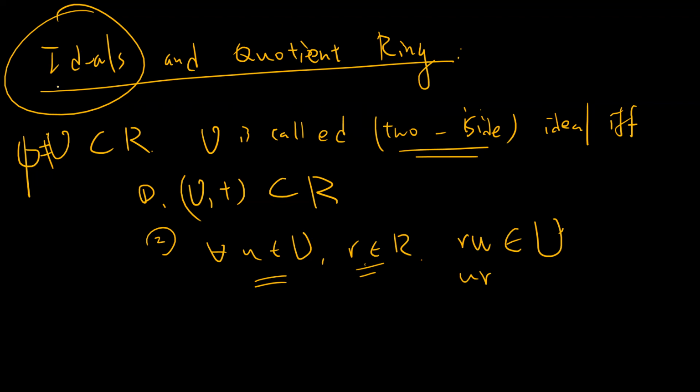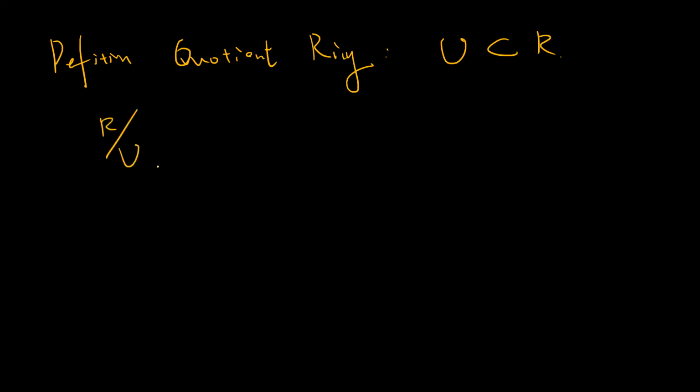Now we can define a quotient ring. This is a little bit tricky if it is the first time you learn it. If you have an ideal U in R, then you can define R modulo U. I claim R modulo U is a ring.